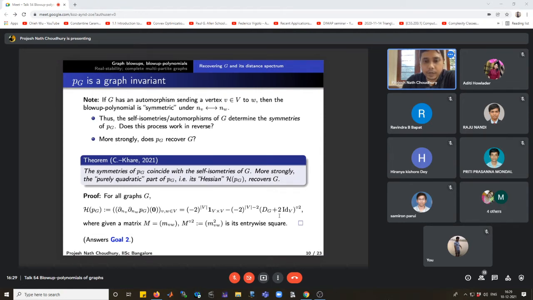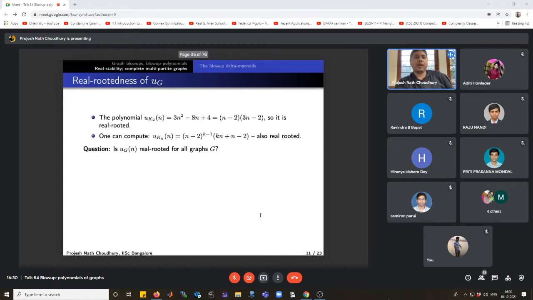The determinants themselves are multi-affine polynomials in the sizes, which turn out to connect to the distance spectrum and characteristic polynomial, and this also recovers the graph G. This ends the first part of my talk about the Blowup polynomial and graph blocks. In the next few slides, I'll talk about some other properties of this polynomial.